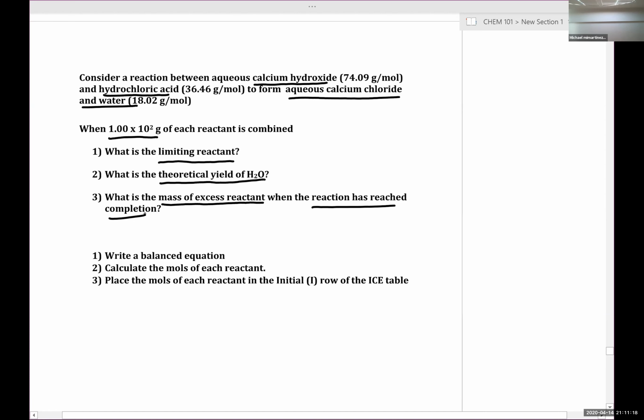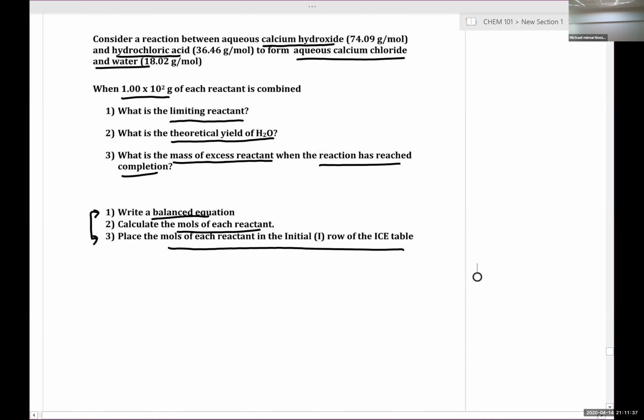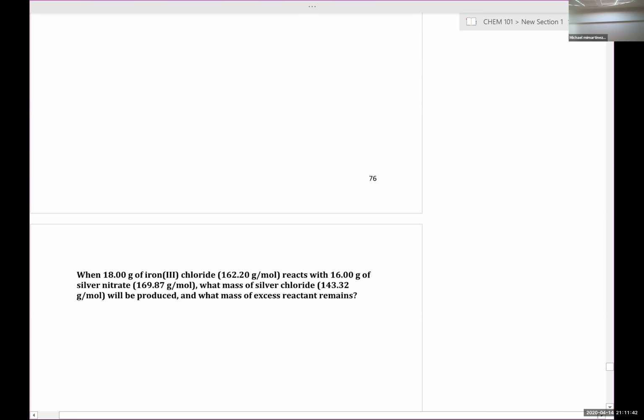So in terms of our steps, let's try this time to use the ICE method. First things first, we need a balanced equation. We need the moles of each reactant, and then we can enter the moles of each reactant into our ICE table. So let's start from here.